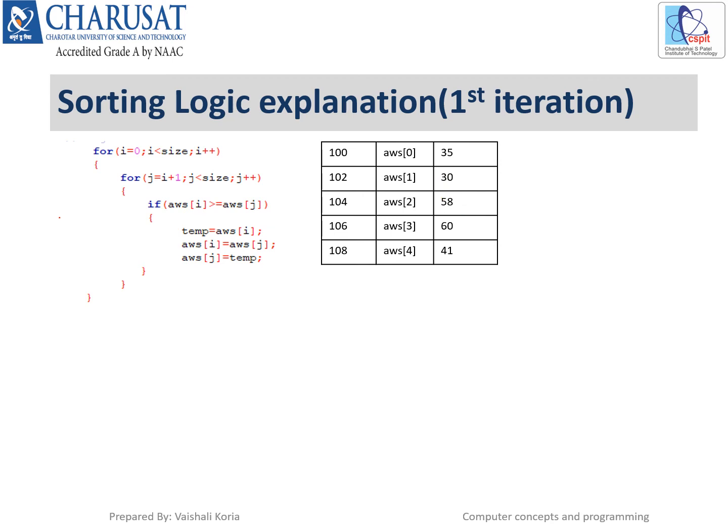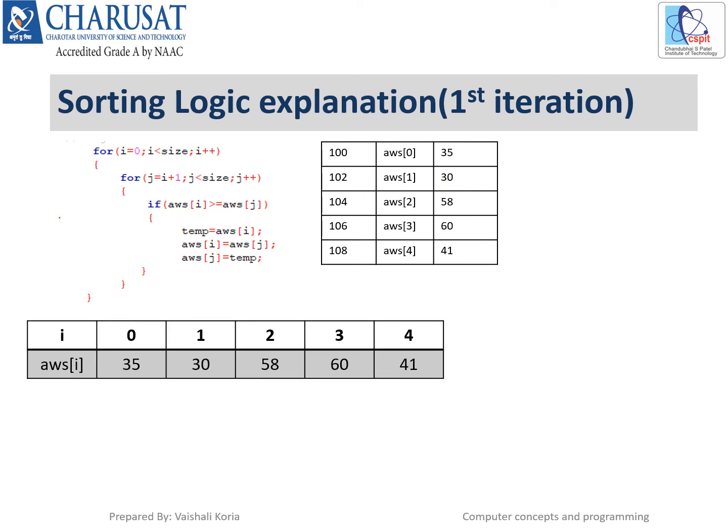Here you can see these are the values of i and these are the values of the arr array. Now, the first for loop executes from i equal to 0 to i less than size, which means it will execute 5 times, 0 to 4, for all the elements. And this is the inner for loop.